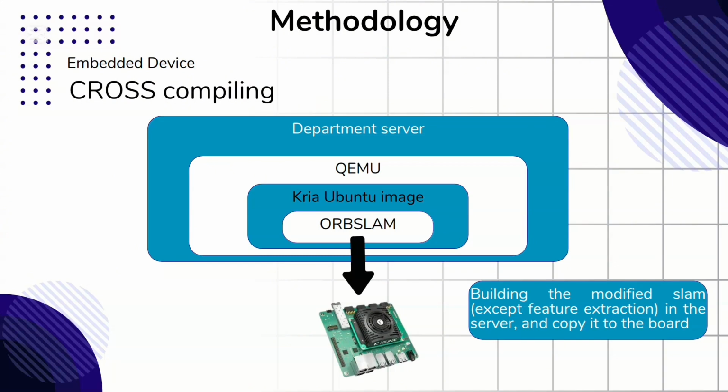We made a byte-to-byte copy of our system root on a remote server, and using QEMU emulator, we translated the ARM instructions to x86 instructions. After that we could emulate the system there, and utilizing the native compilers, we could compile the software within that remote server, and we transferred the resulting binaries to our board.